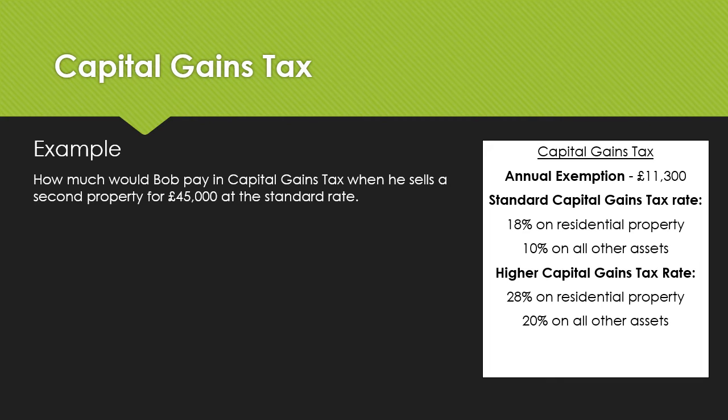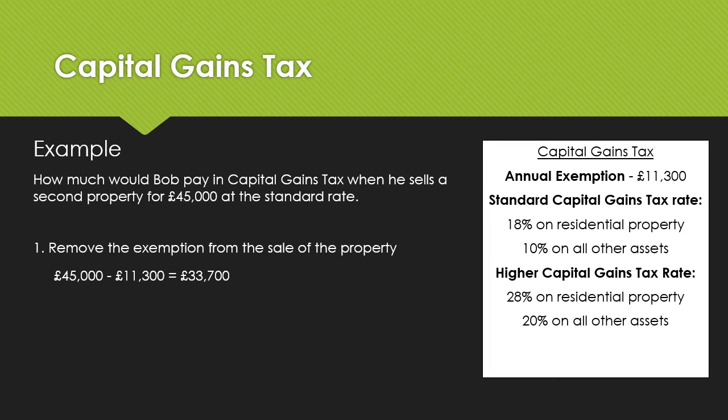So Bob, he's a standard rate taxpayer, and he sold his second property for £45,000. First of all we need to look at how much he's actually going to have to pay tax on. There is an exemption of £11,300, so we take that away from the £45,000 to see how much of the gain is subject to tax. £45,000 minus £11,300 is £33,700 that's subject to tax.